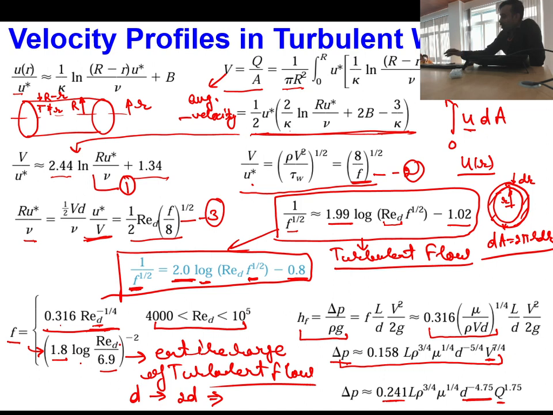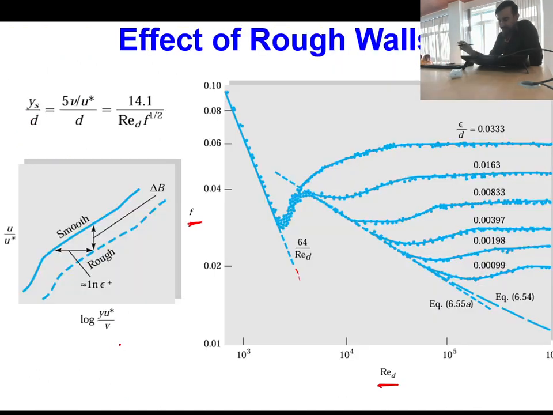If you plot these two equations, you can see they nicely match the experimental data when the roughness, epsilon by d, is small. Epsilon is the absolute roughness and d is the diameter of the pipe, so epsilon by d is called the relative roughness.